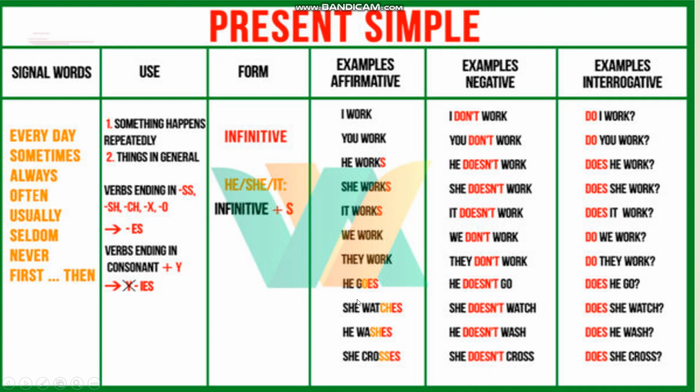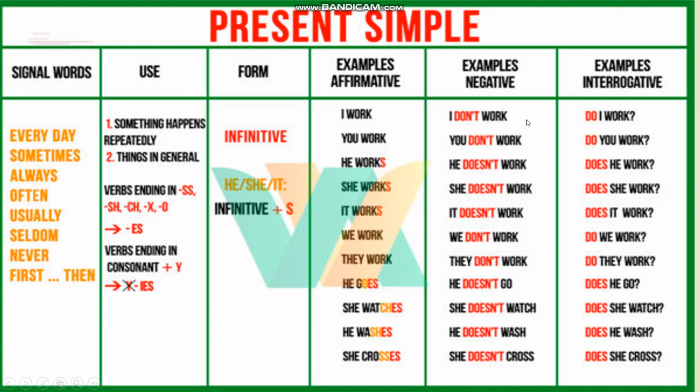For example, he goes, she watches, he washes, she crosses. Verb ending in consonant y, we change the y into i and add es. Then it'll be ies.